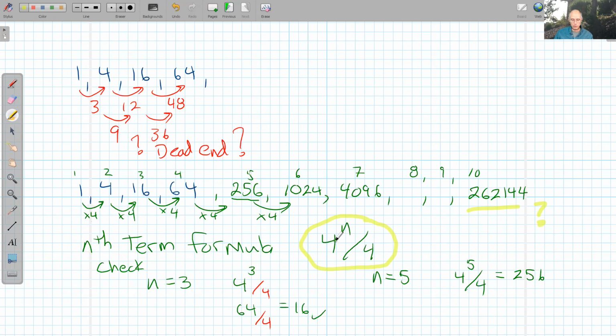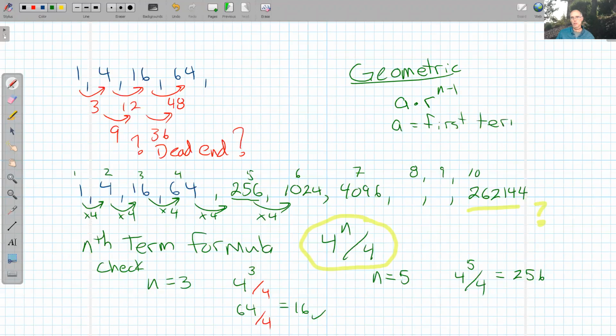So there's another version of this I talked about in class, where if you recognize that this is geometric, then the formula for this is always going to be what's called A times R to the power n minus 1, where A is the first term, and R is what we call the common ratio.